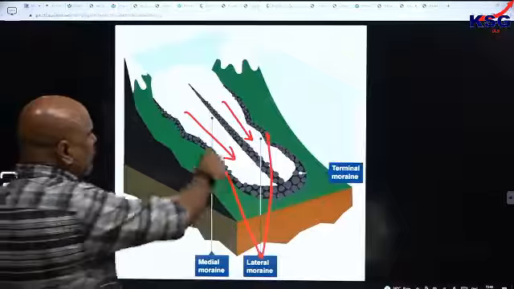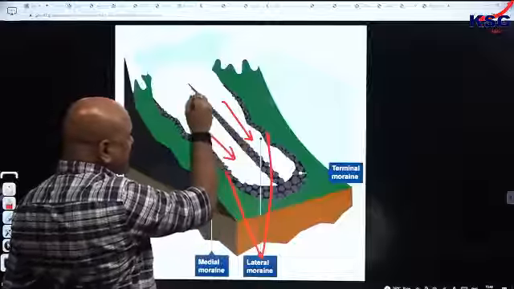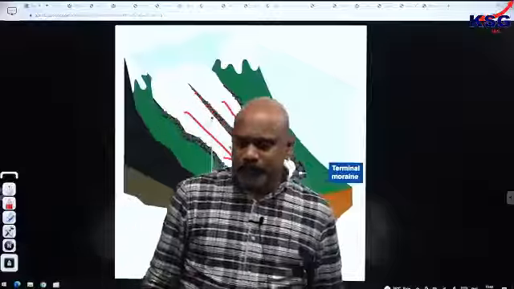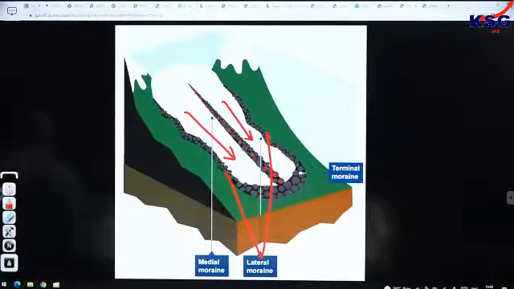Medial moraine is between two glaciers. Look, this glacier's are lateral, and this is the medial moraine here. When two lateral moraines meet, they form a medial moraine.